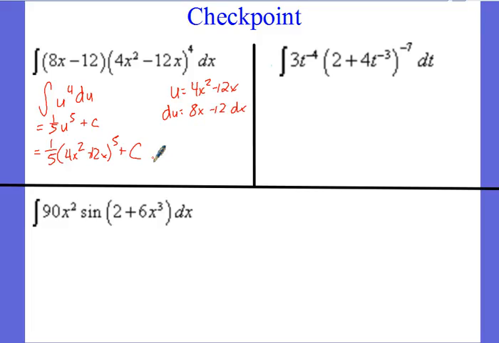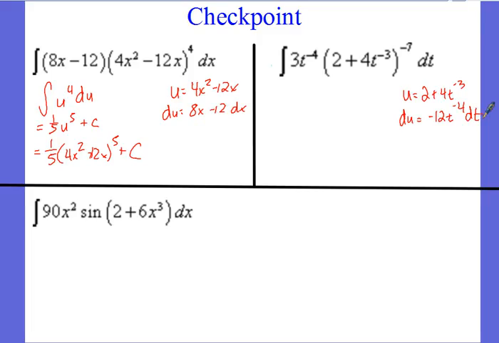Good? Okay, for the next one, I have the integral of 3t to the negative 4th times (2 plus 4t to the negative 3) to the negative 7th dt. What's my u in this case? What's du? Is there a problem? It doesn't match, because I need a 3, but I have a negative 12.